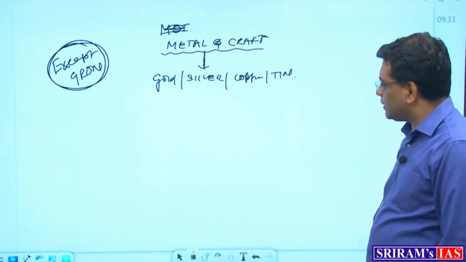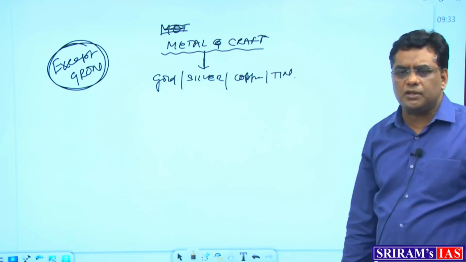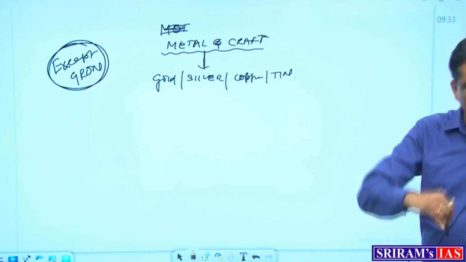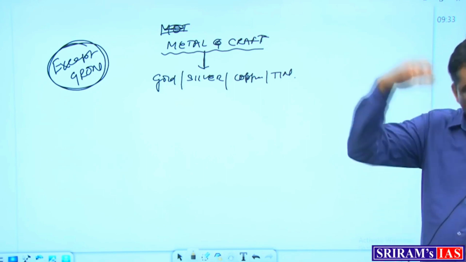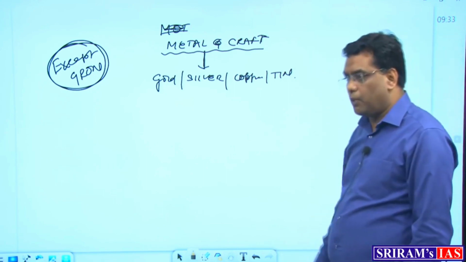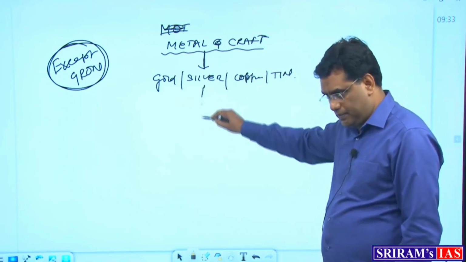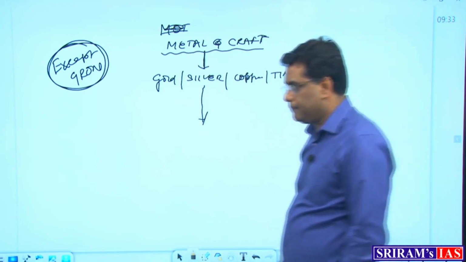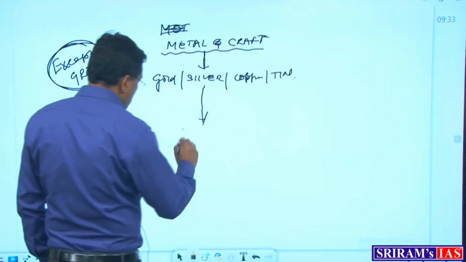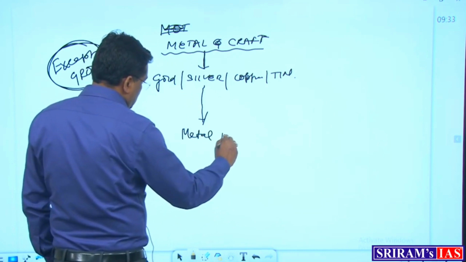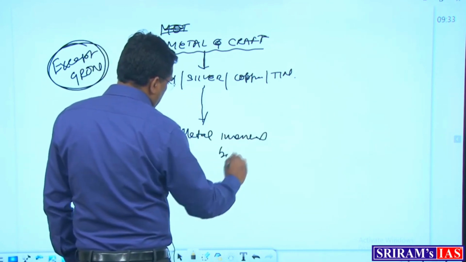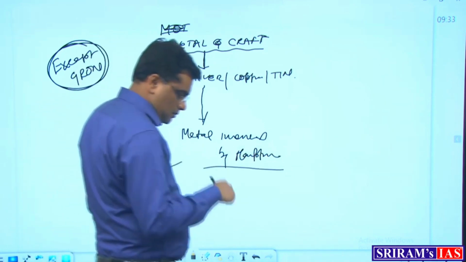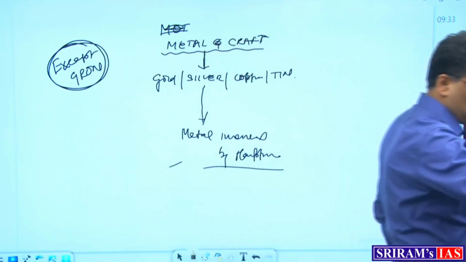One very important fact is, we know that copper was the first metal used by humans, but silver as a metal, before it was known to other parts of the world, was used by Harappans. So silver as a metal was invented by Harappans.